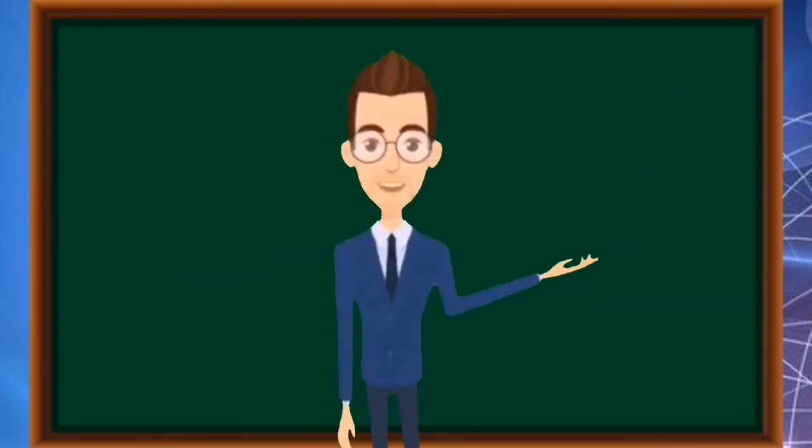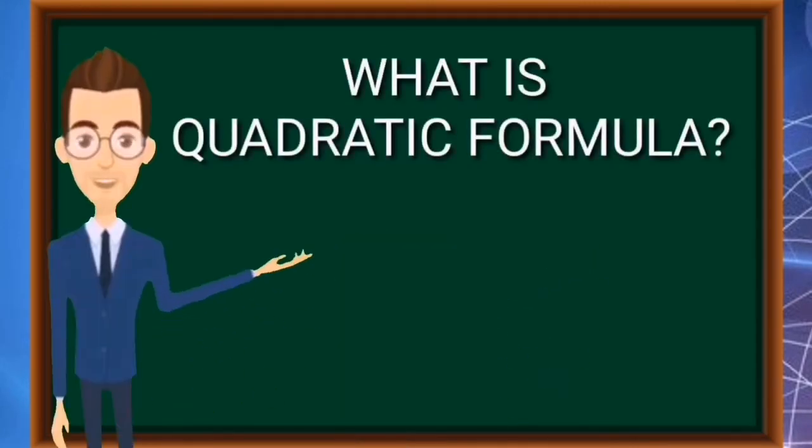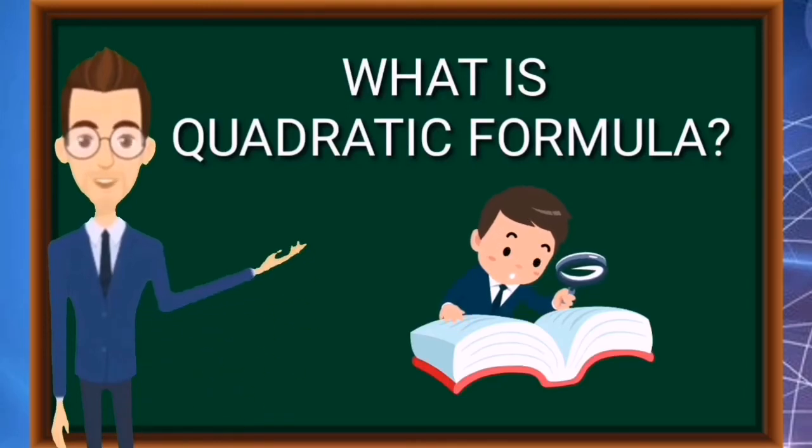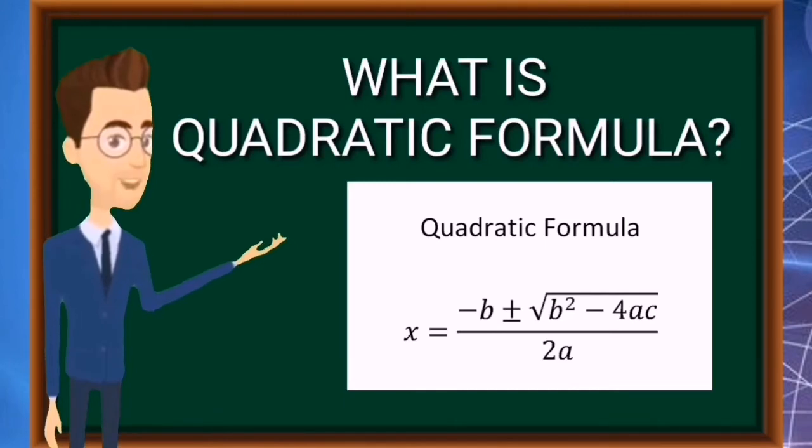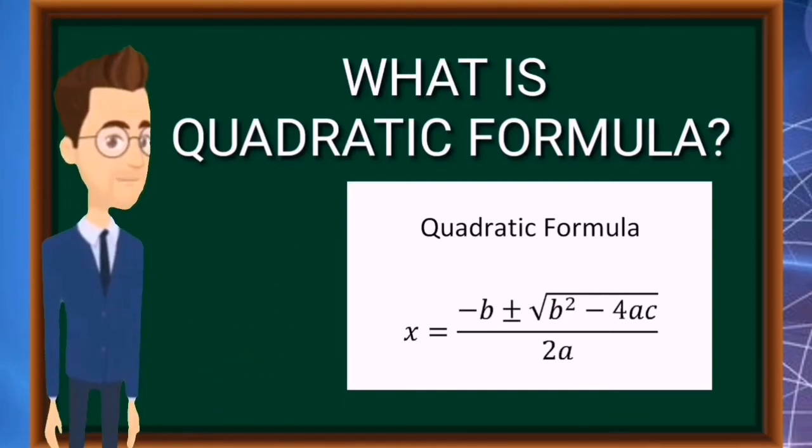Remember that the roots of a quadratic equation can be determined using the quadratic formula. What is the quadratic formula? Very good. The quadratic formula is x is equal to negative b plus or minus the square root of b squared minus 4ac all over 2a.